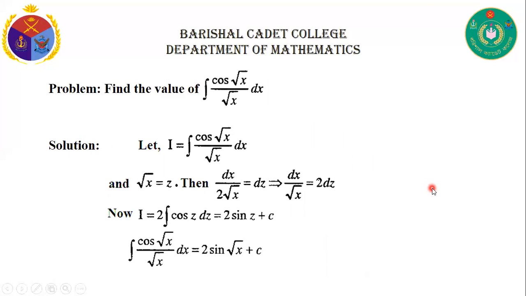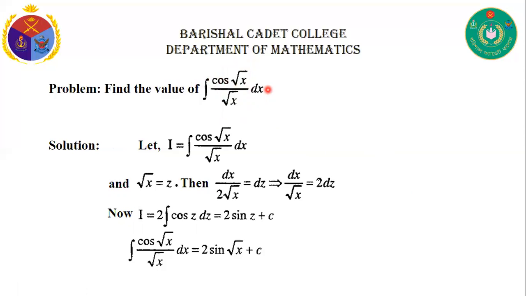So boys, now here is another problem, that is find the value of the integration of cos square root x divided by square root x dx. If we didn't have square root x here, then we could easily integrate. So boys, here I will tell you all the secret.